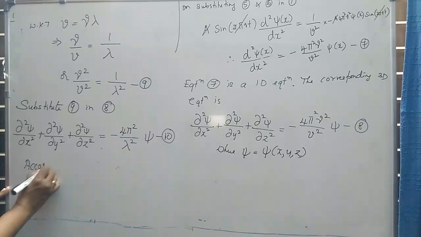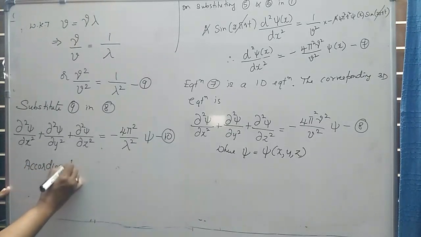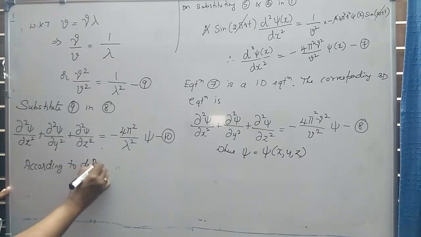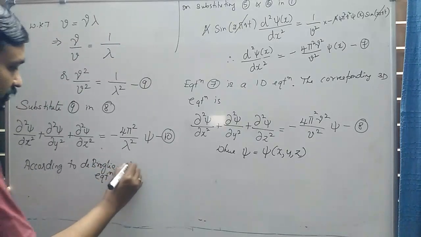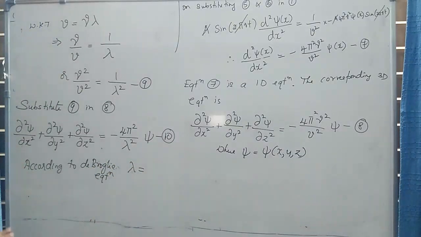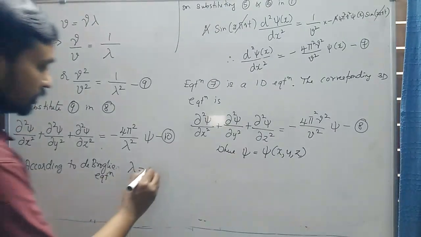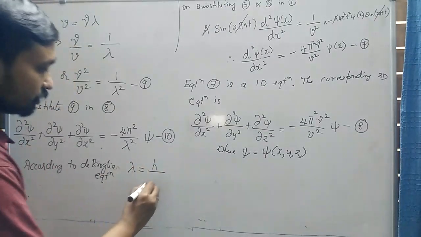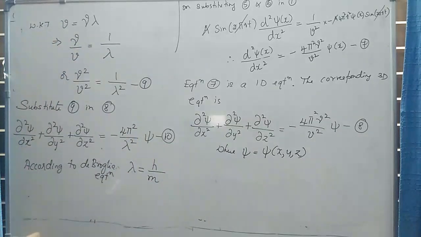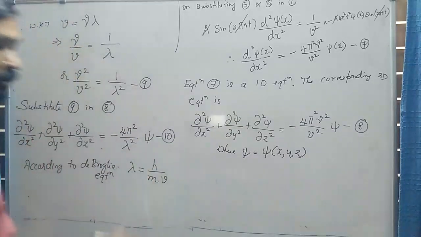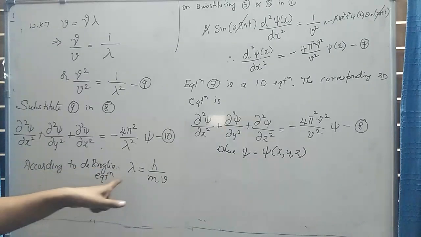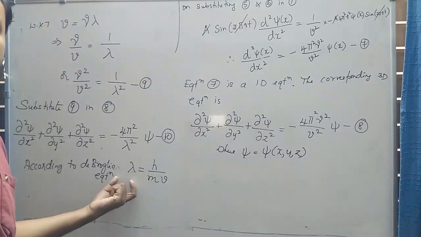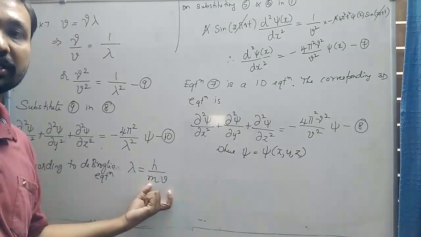So what is the de Broglie equation? According to the de Broglie equation, the wavelength of the wave associated with a particle is equal to Planck's constant divided by the mass of the particle into the velocity of the particle. So the de Broglie equation gives a relation between the wave nature and the particle nature.